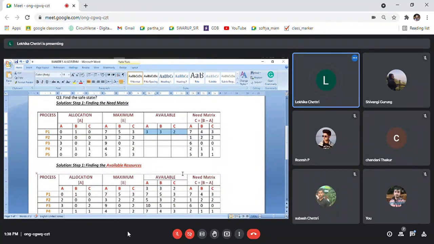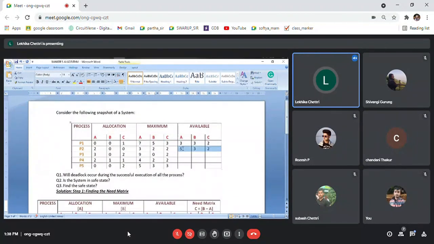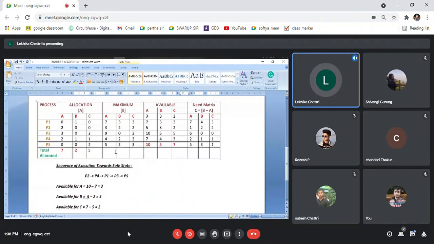Okay. So now this is what is given. Sorry, this was not given in the question at the start. Only this was given. So these were allocated. When P1 came, OS allocated this much. When P2 came, OS allocated this much. Similarly for P3, P4, P5, it allocated these many. So at the end, we found that in total, these many resources were with the operating system, 10, 5, 7.